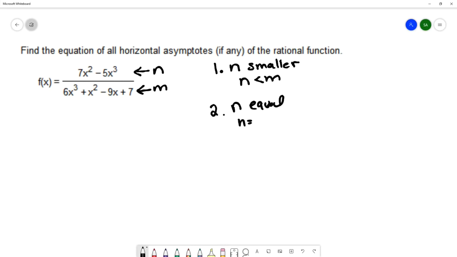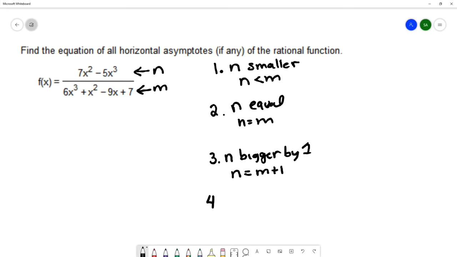The third case involves n being larger than m, but by only 1. So n is bigger by 1. And symbolically, I would write that as n equals m plus 1. n is 1 more than m.